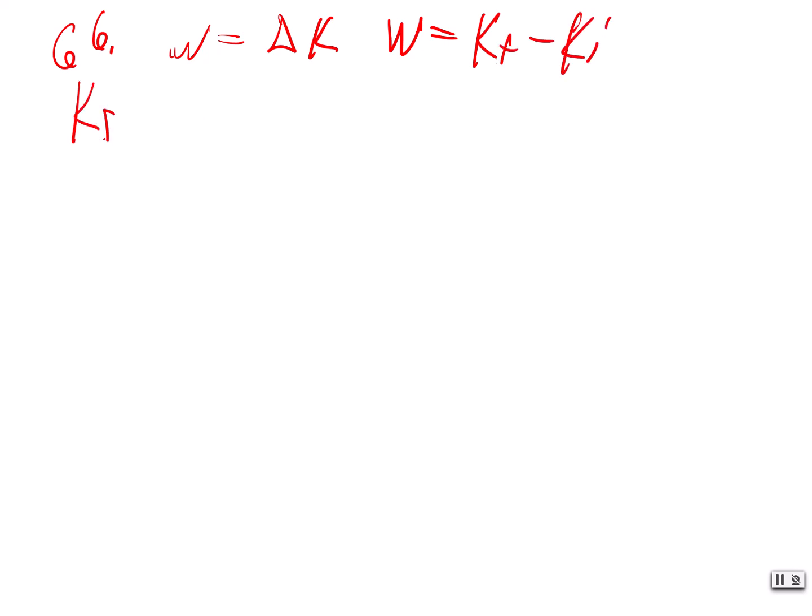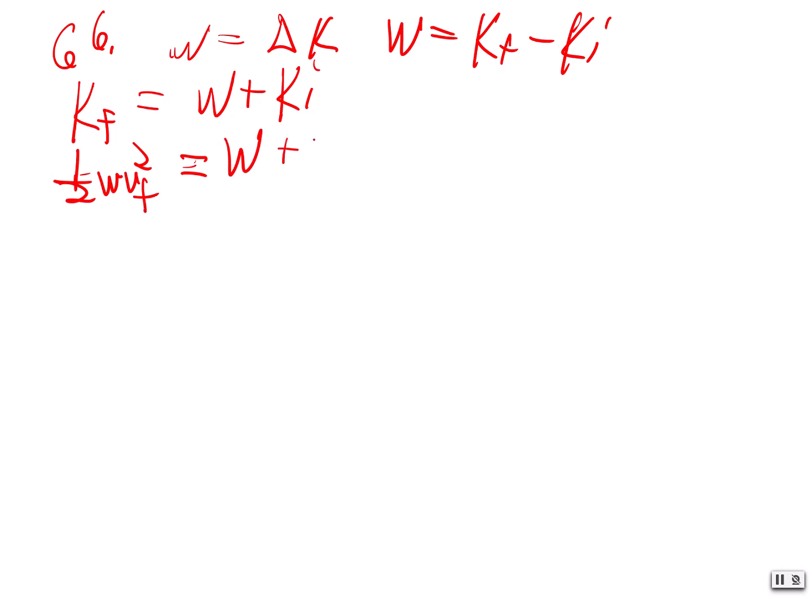So K final is equal to work plus K initial. So we have 1/2 m v final squared is equal to the work plus 1/2 m v initial squared. Okay? Do all the arithmetic.